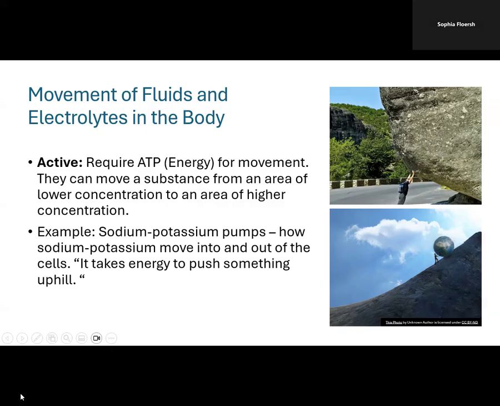An example of this is the sodium potassium pump: how sodium and potassium move into and out of the cells. It takes energy to push something uphill. And this is why these electrolytes are very important. They kind of seesaw each other. If I have high potassium, I'm going to have low sodium, and vice versa.